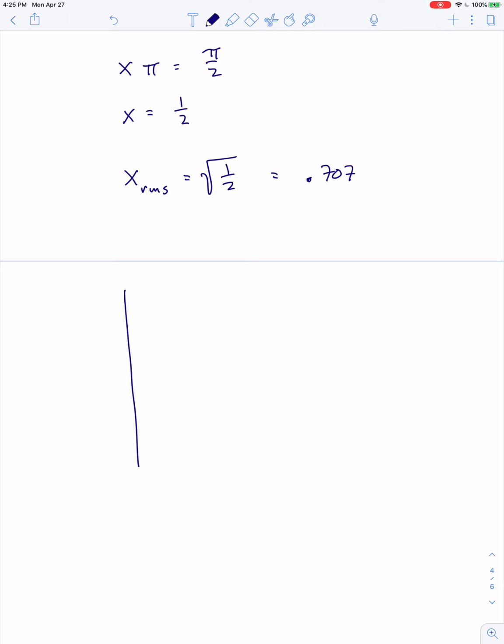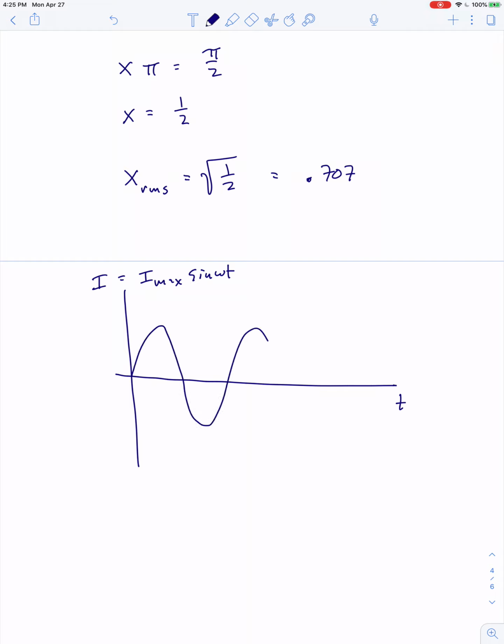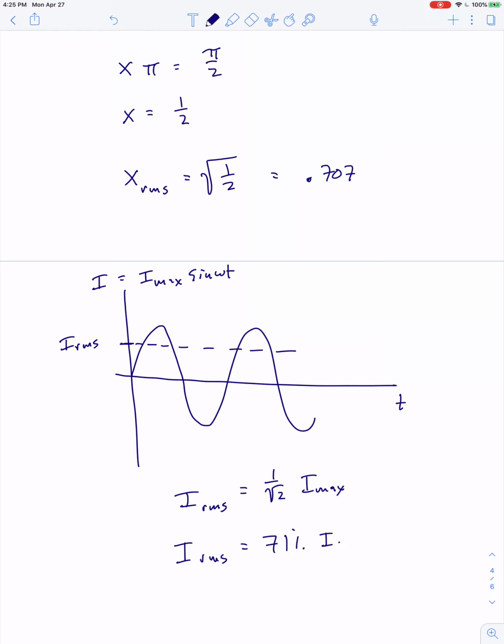So if we have a graph of current versus time, where current is equal to some maximum value times sine of omega t, then there's a value of I RMS that's equal to, either we can say 1 over rad 2 I max, or we can say I RMS is equal to roughly 71% of I max, 0.707.